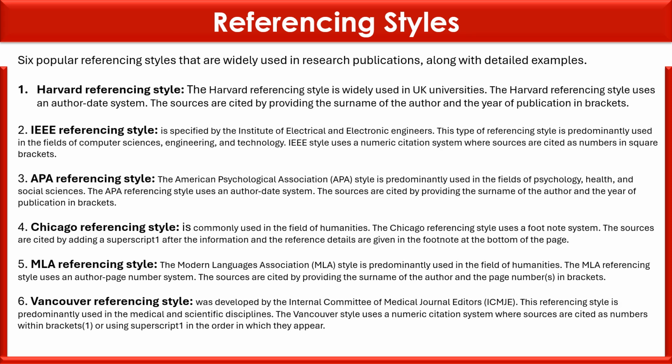Then there are 6 popular referencing styles according to my slide here. For example, we have the Harvard referencing style, the IEEE referencing style, the APA referencing style, the Chicago referencing style, the MLA referencing style, and the Vancouver referencing style.